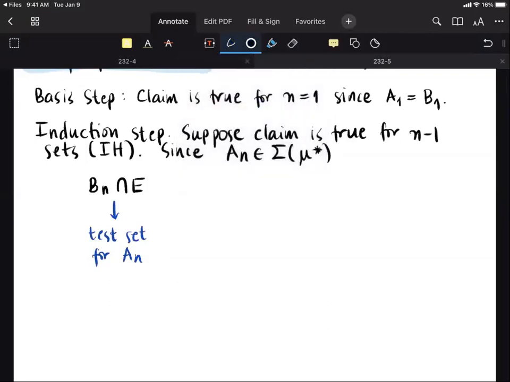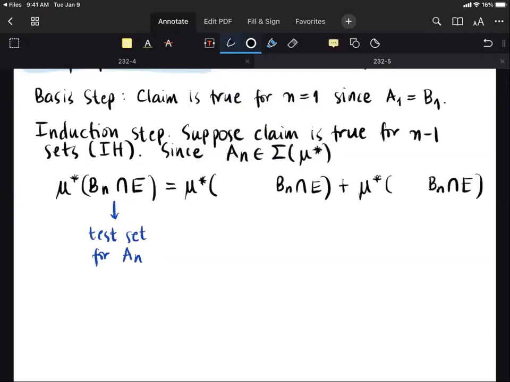If this is our test set, the outer measure of the test set should be equal to the outer measure of the following. You divide the set into two parts. In other words, you divide Bn intersection E into two parts. The first one is in A, and the other one in the complement.